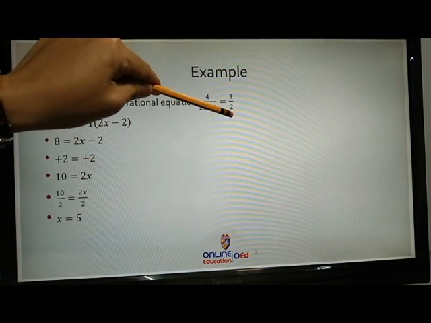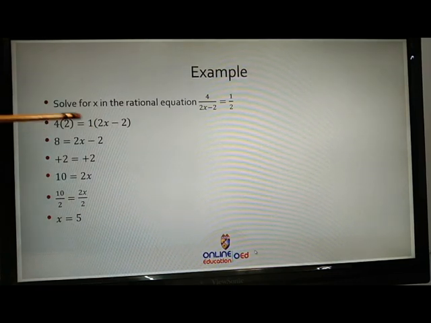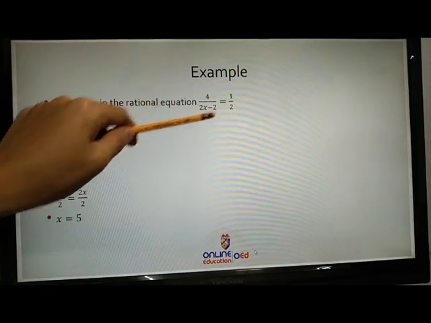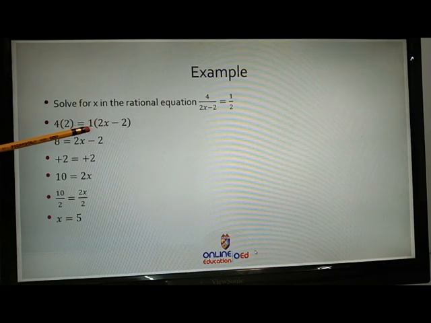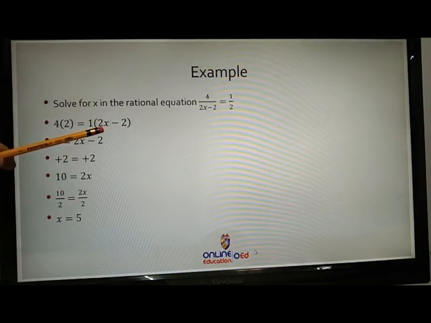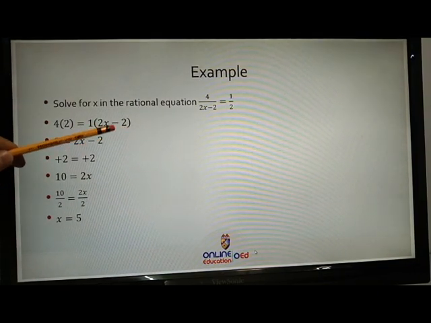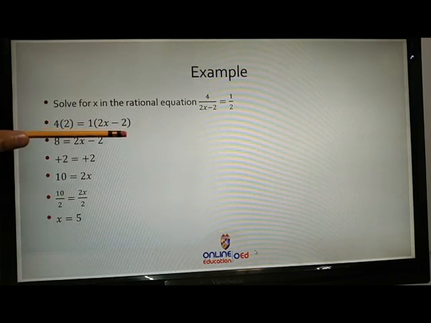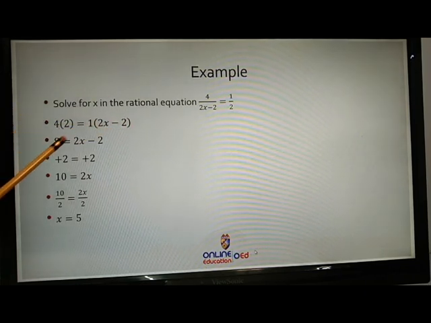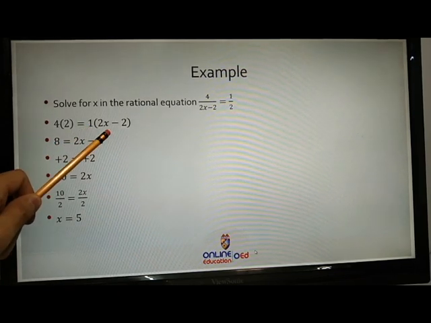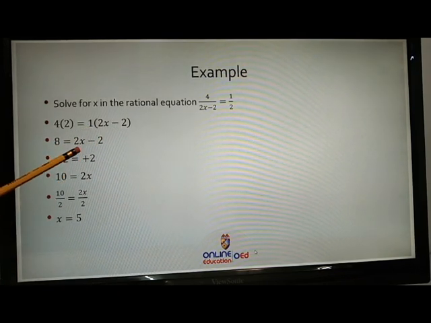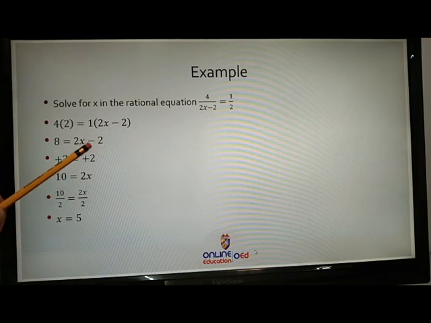So we have 4 times 2, and then 1 times the quantity 2x minus 2. Then we have already eliminated the fraction. So 4 times 2 is 8, and 1 times the quantity 2x minus 2 is the same, 2x minus 2.